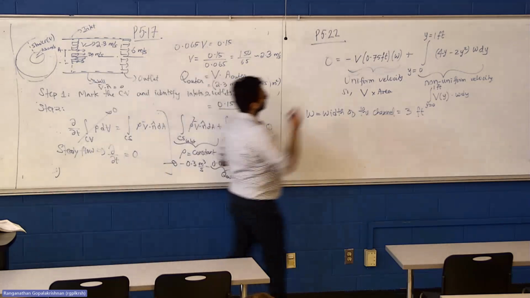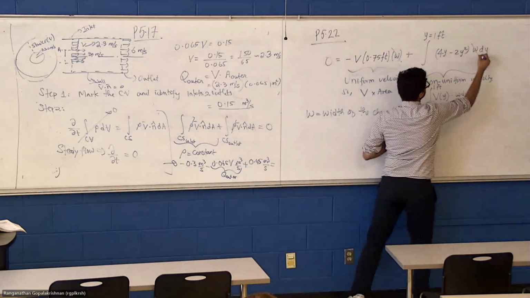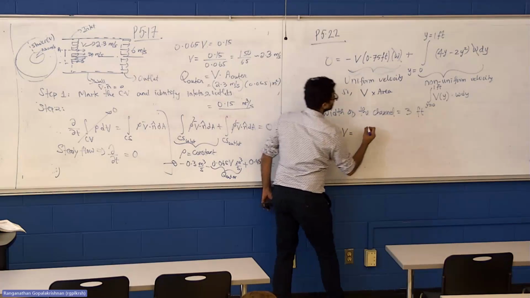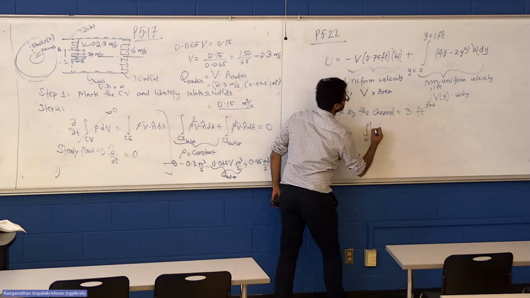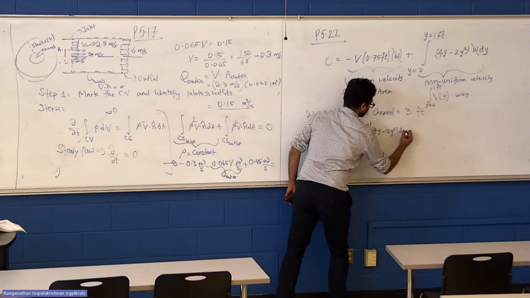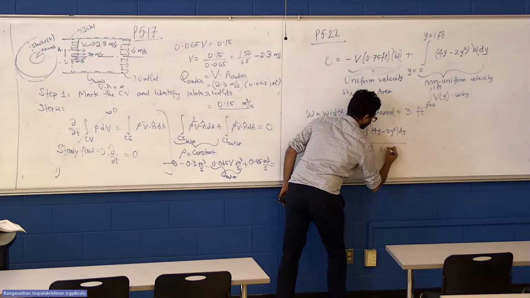Okay, so I can cancel this W. So V is going to be the integral from 0 to 1 of 4y minus 2y squared dy divided by 0.75.